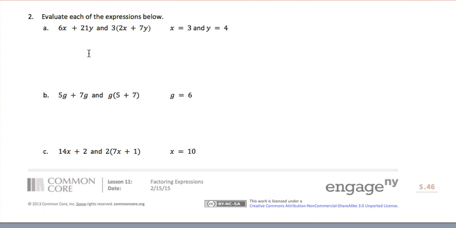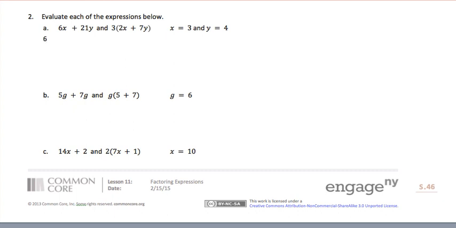Now in part 2, we're being asked to evaluate the expressions. And when you evaluate expressions, oftentimes you're going to substitute and then solve. So in this case, they've given us x is equal to 3, y is equal to 4. And what we're going to do then is substitute.